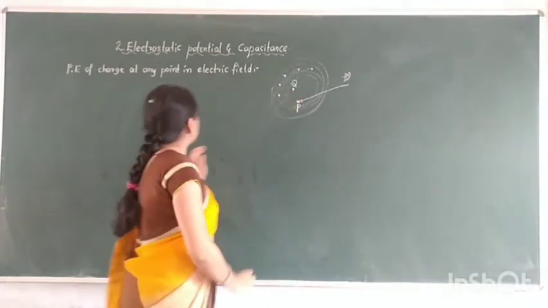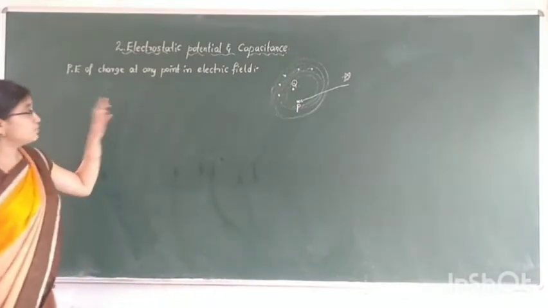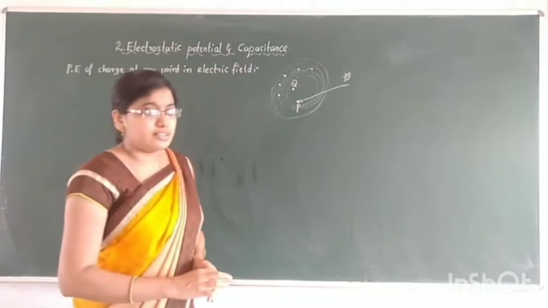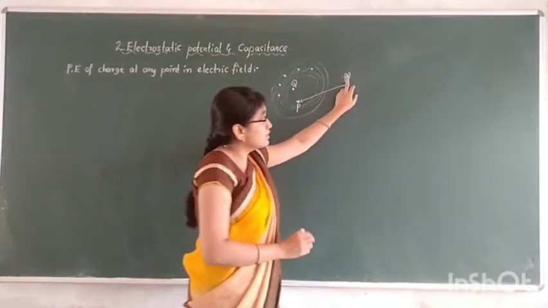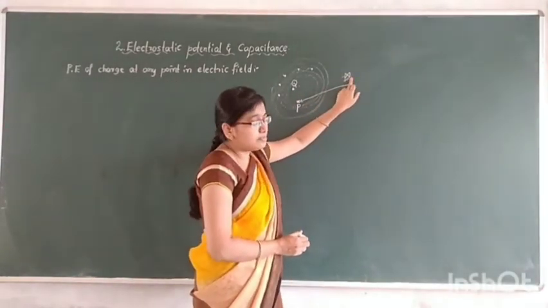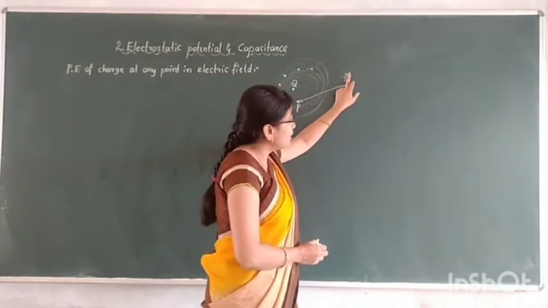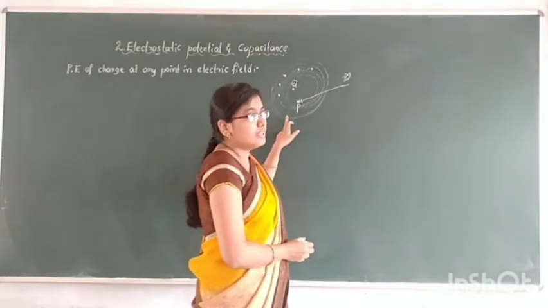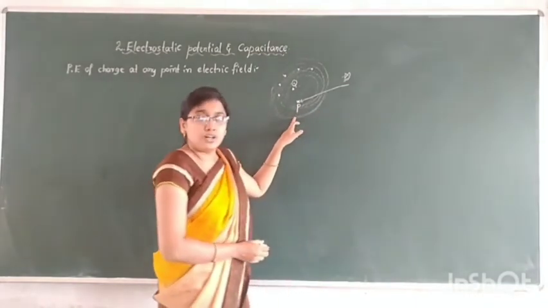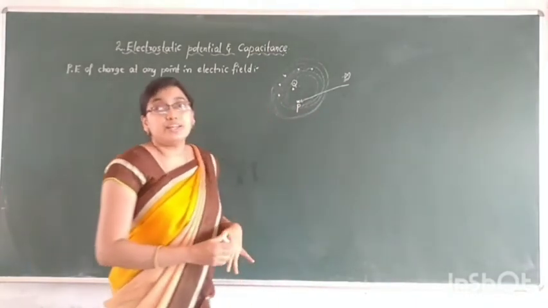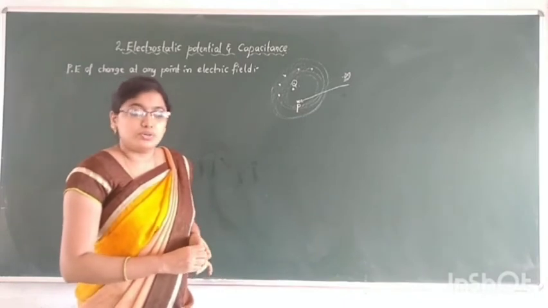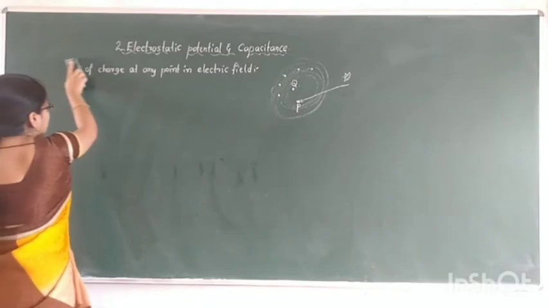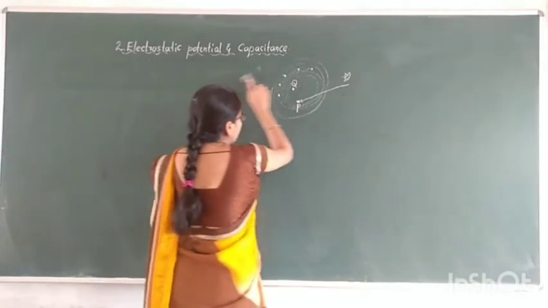Hence the potential energy of a charge at any point in an electric field is defined as the work done in bringing a unit positive charge from infinity to that point against the electrostatic force of repulsion without any acceleration. Now come to the topic, electrostatic potential.